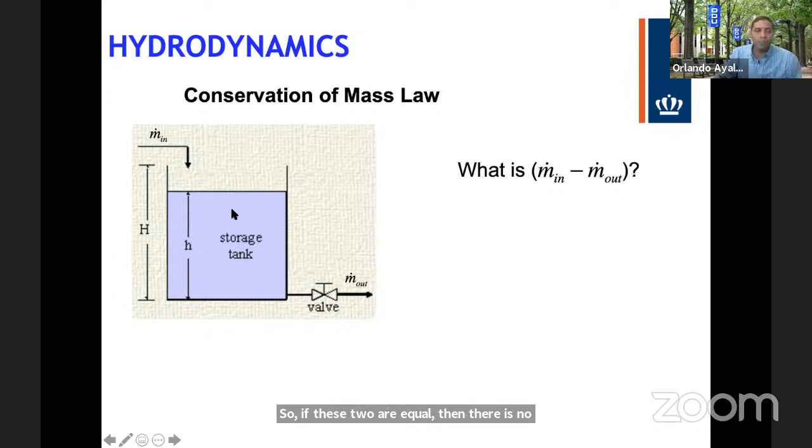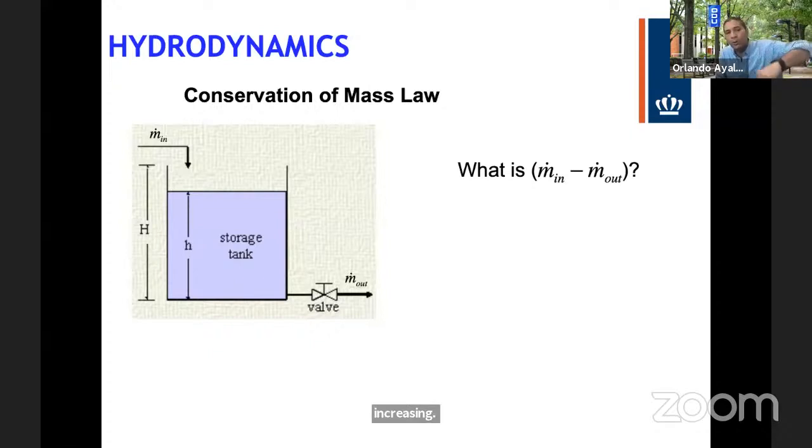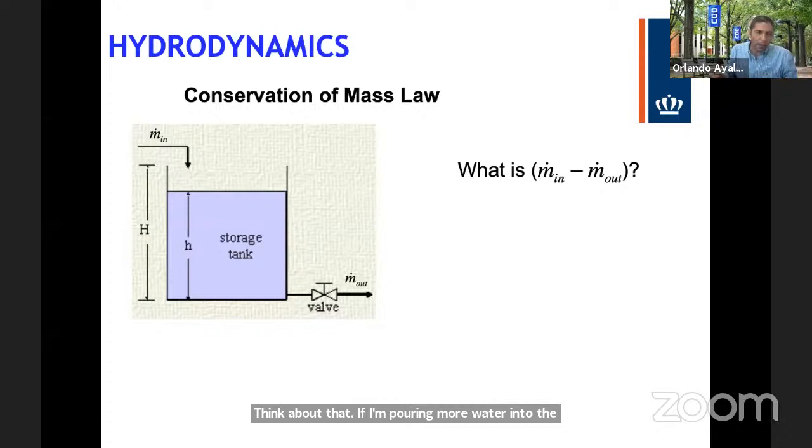But if the mass flow rate going in is larger than the mass flow rate going out, then the level of the water in that tank will start increasing. Think about that. If I'm pouring more water into the tank than the water that I'm taking out from the bottom, then that tank starts filling itself up.